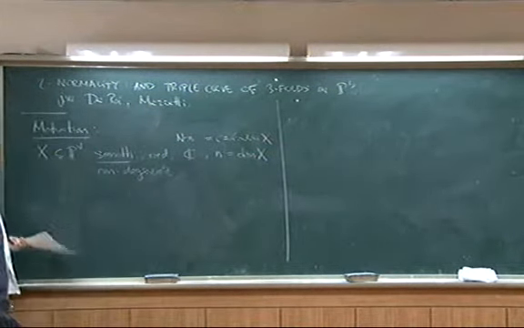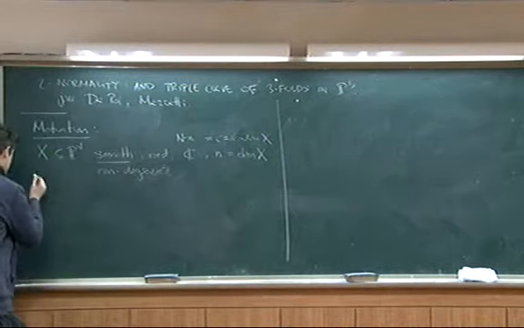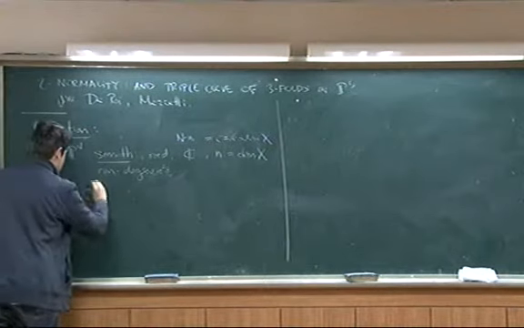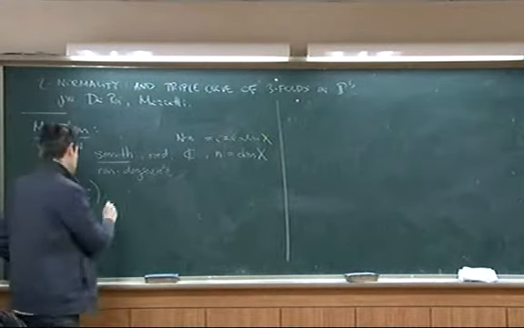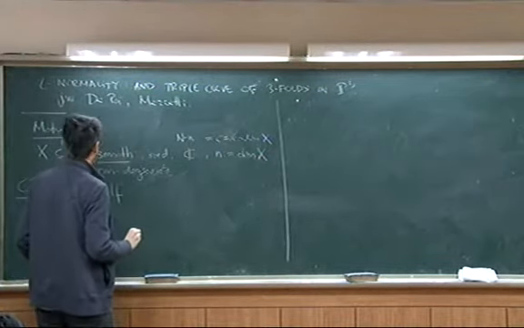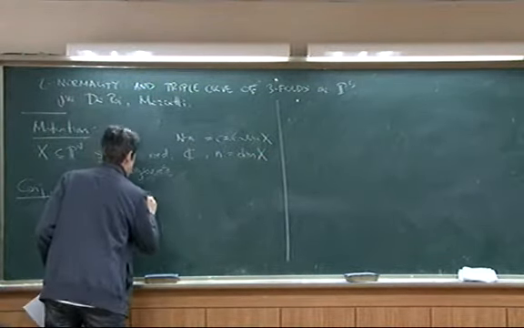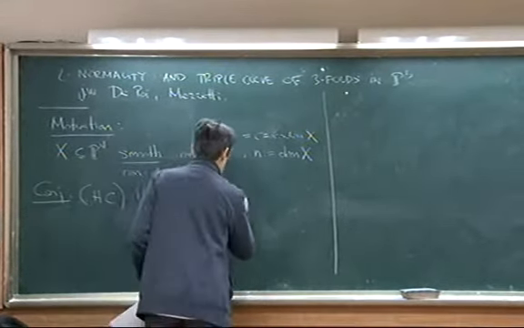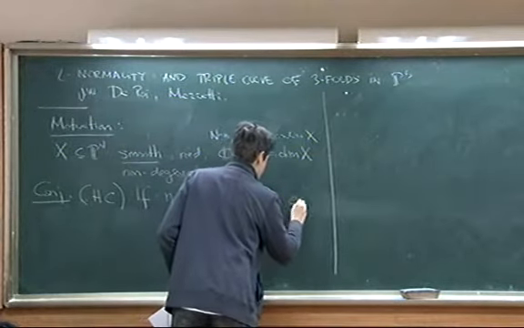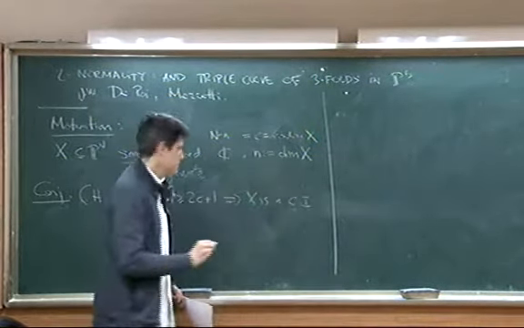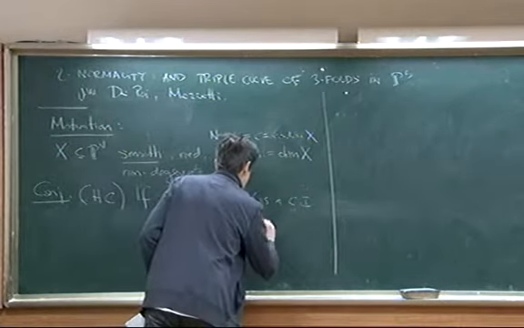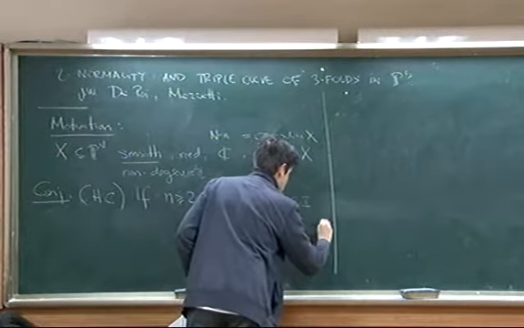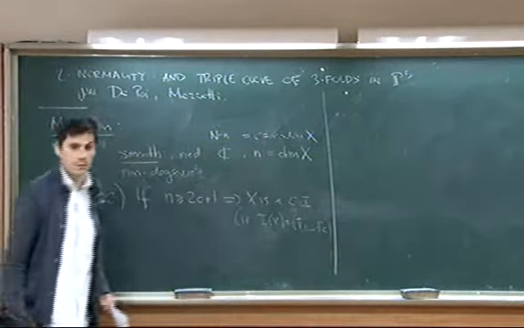The motivation comes from a famous conjecture, Hartshorne's conjecture, saying that if n is greater than or equal to 2c plus 1, then X is a complete intersection, meaning that the ideal of X is generated by exactly C homogeneous polynomials.